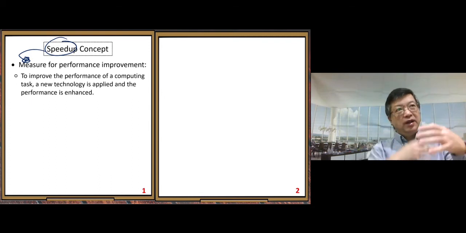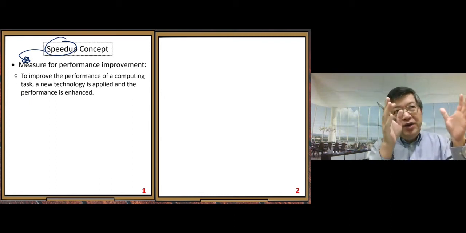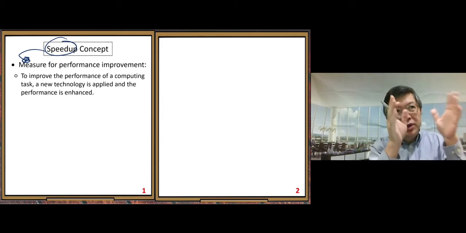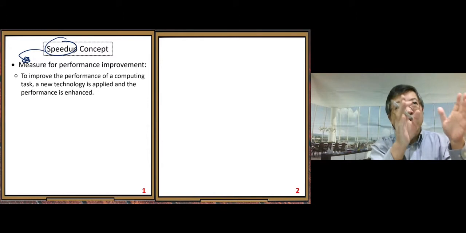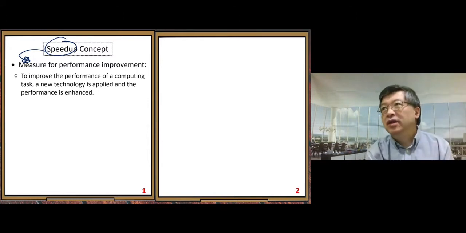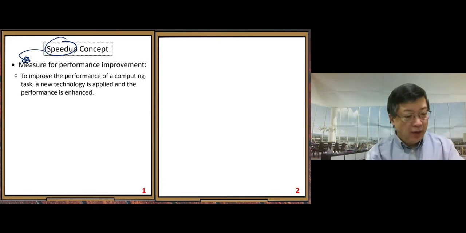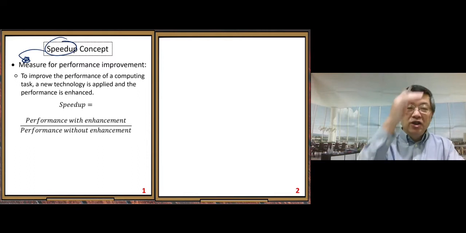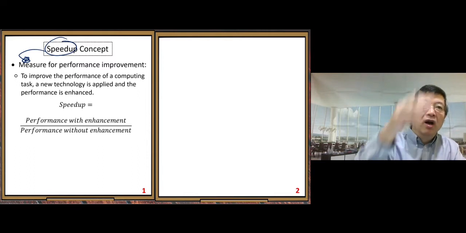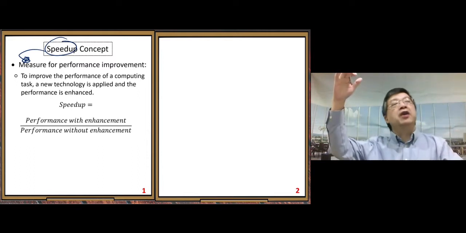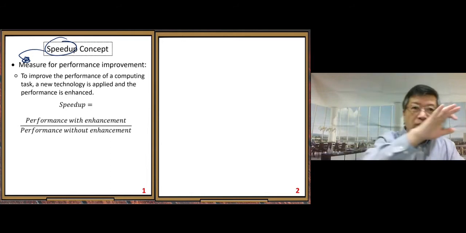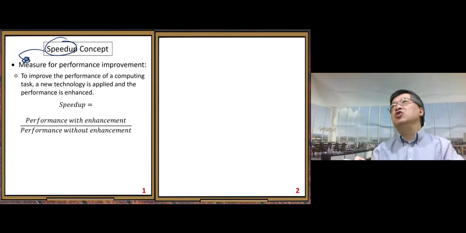Then, can we use the ratio of those two numbers to define our speedup? So that's the natural way to define speedup concept. Let's look at the formula. Speedup equals performance with enhancement over performance without enhancement.